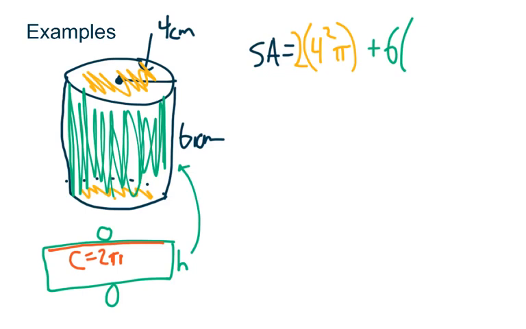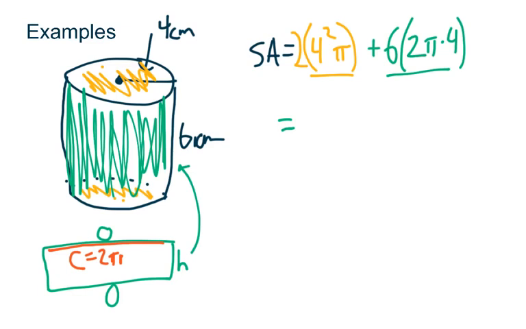So going back to our formula, that would be 2 pi times 4, our radius. Now we have all the pieces. We have the 2 circles that represent the top and the bottom, and we have all that space in between. So now we just have to crunch those numbers.